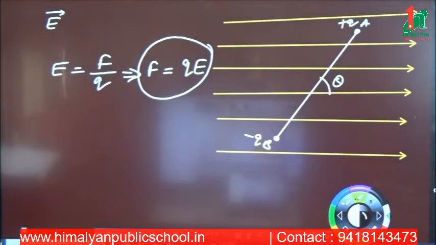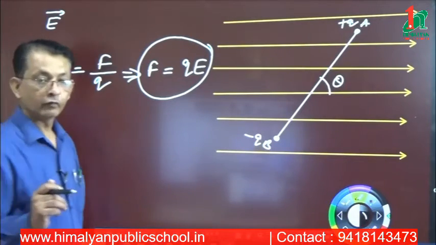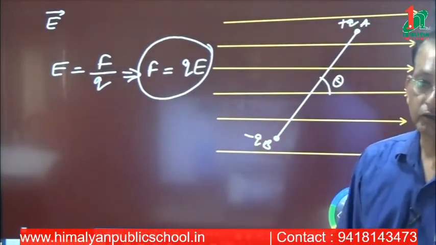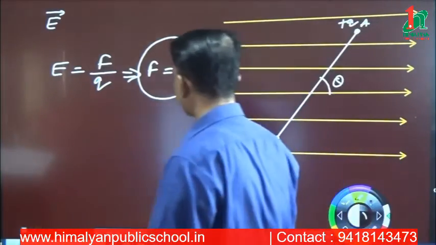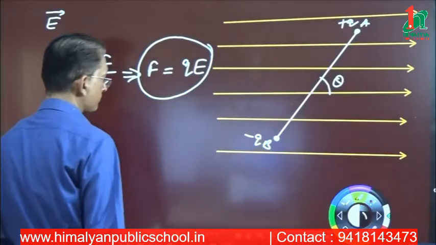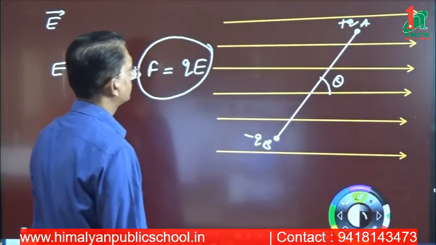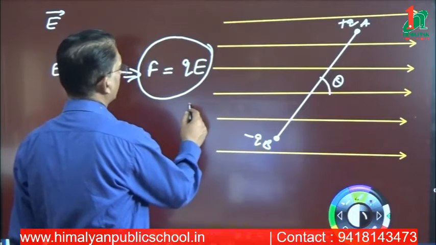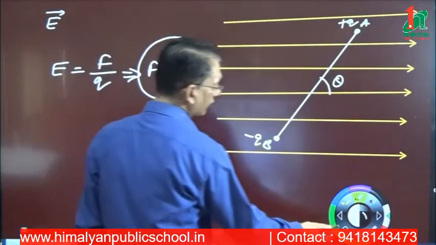Now write down force acting on charge plus Q at A. Here, what kind of charge is producing the electric field?